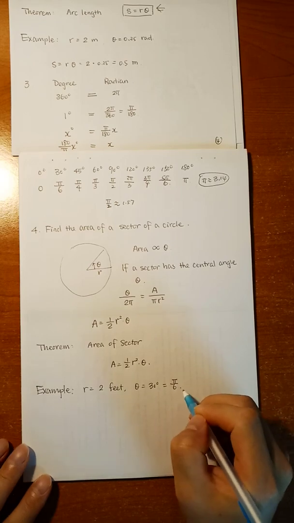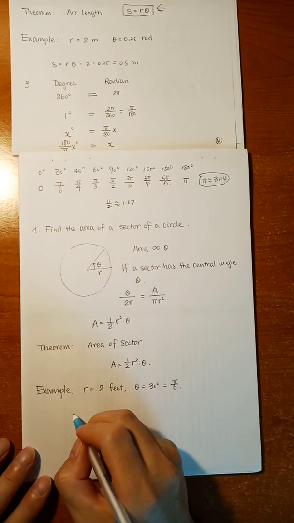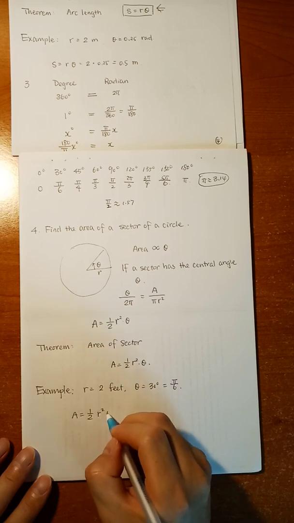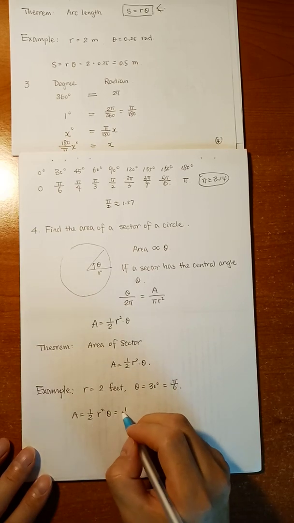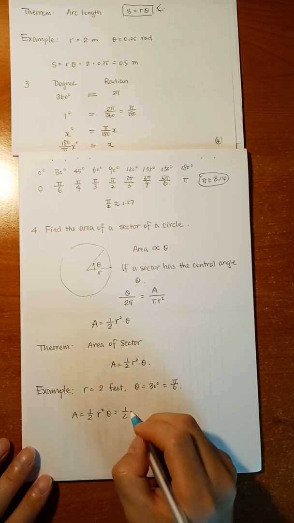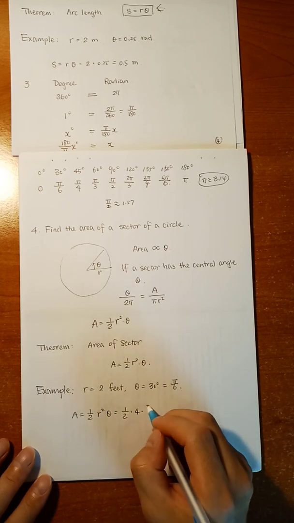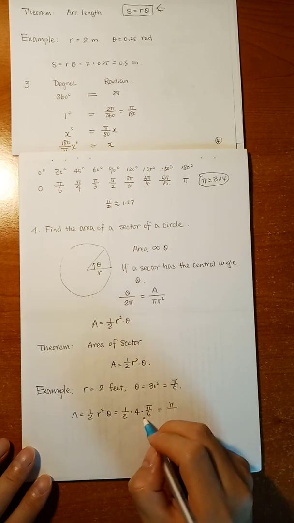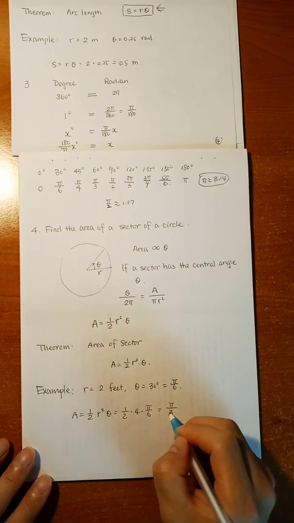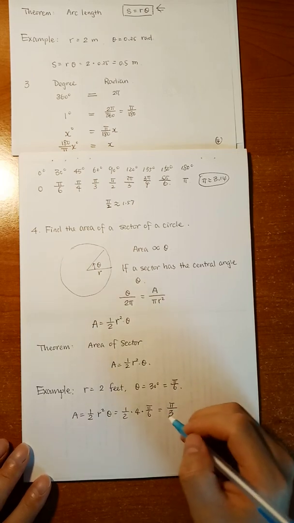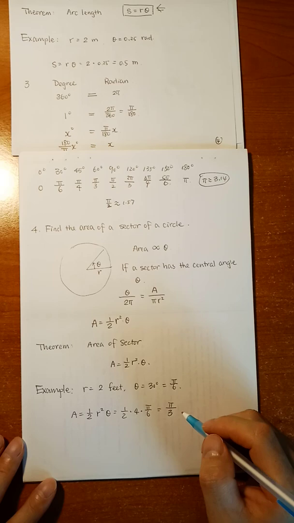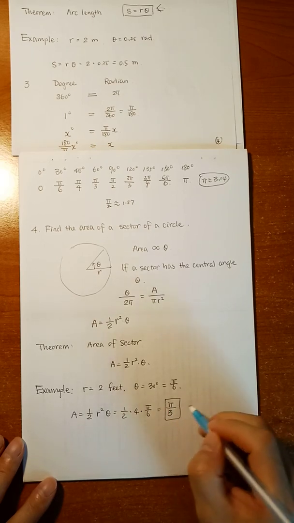We must do this. Then the area of the sector is 1/2 r squared times theta. r is 2, 2 squared is 4, and theta is pi over 6. So 4 pi over 12 is pi over 3. This is the area. In the exam, partial or final, this is a final answer.